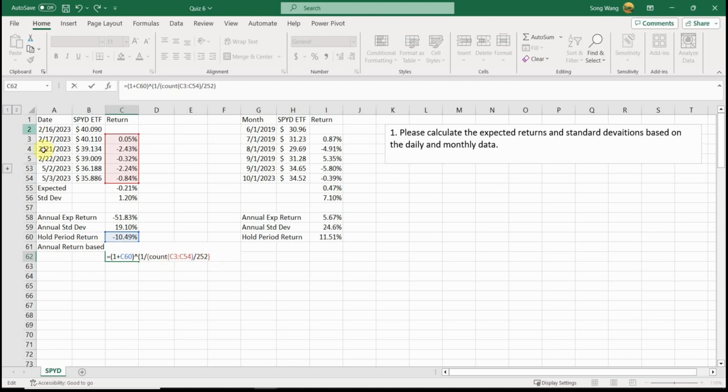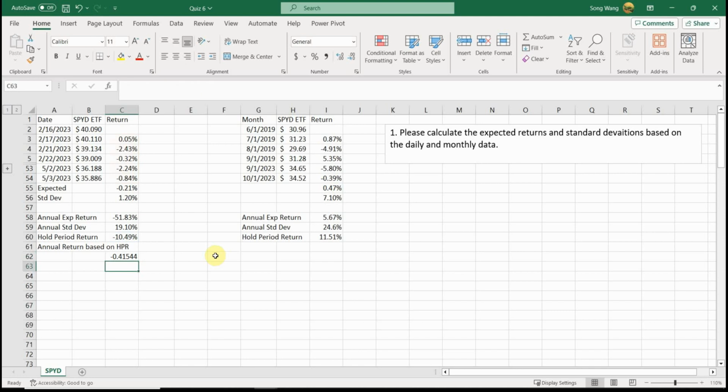So 50 days is about 20% of the 250 days in a year. Then I close the parentheses and subtract 1. This is the geometric way to get the annual return.